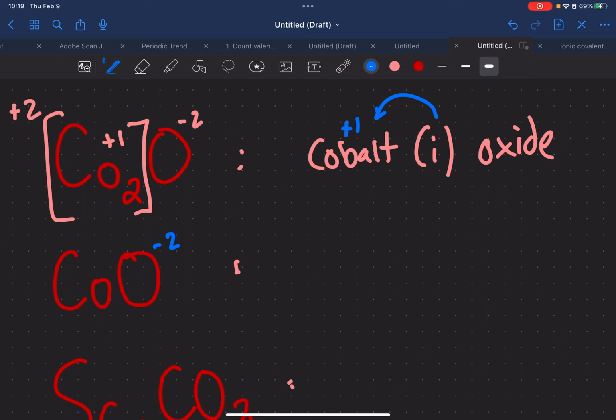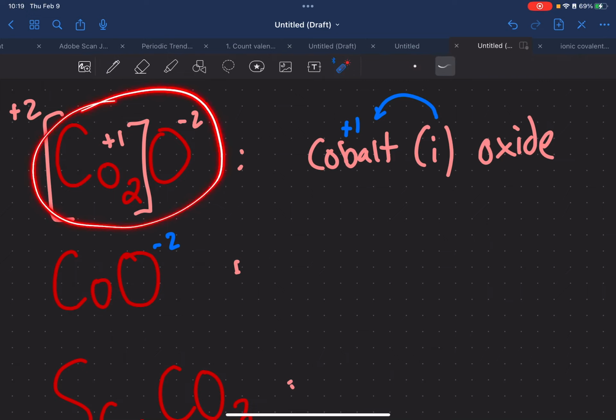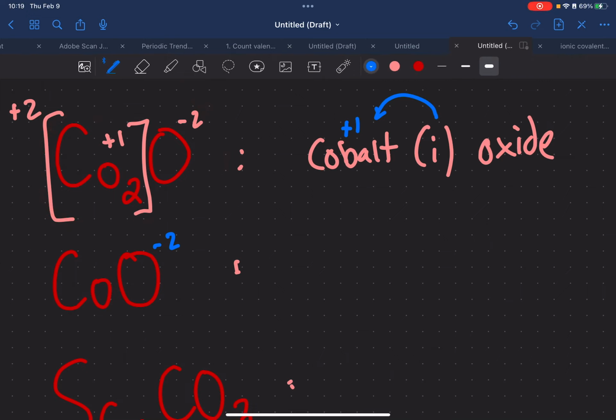So in the first one up here, it was taking on a +1 charge. But this time, since there's only 1 cobalt, it must be taking on a +2 charge. Because I know, again, that in my ionic compounds, the charges must add up to 0. And if my oxide is -2, as it always is, and I only have 1 cobalt, then each cobalt must have a +2 charge. So that's how I know that this is cobalt 2 oxide.